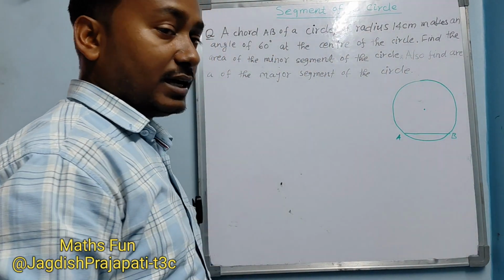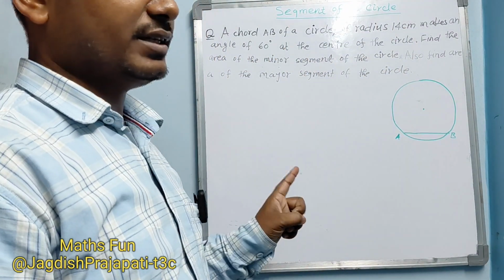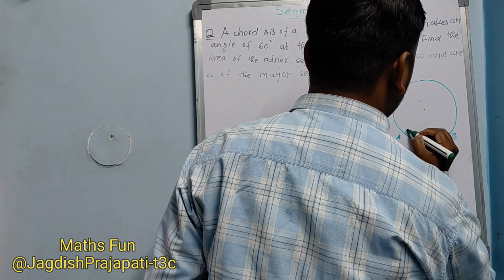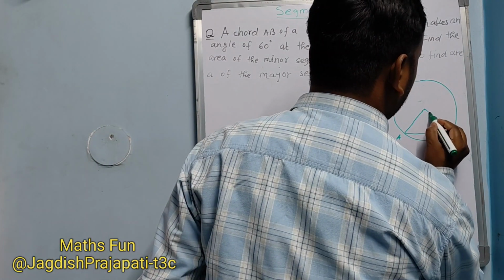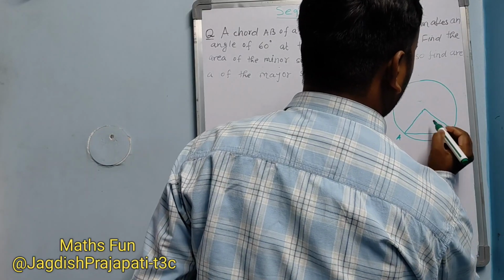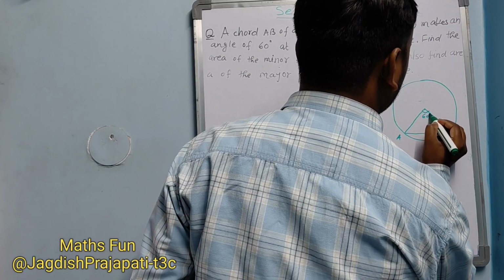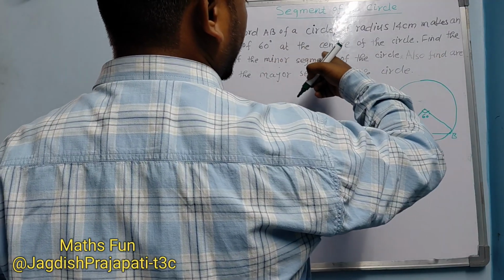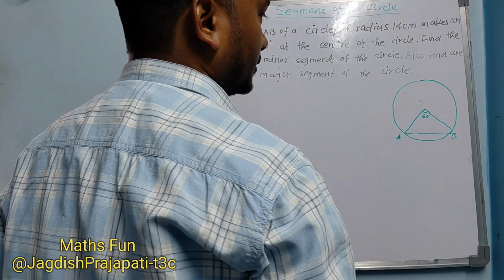A chord is a line segment joining any two points on the circumference of the circle. So AB is a chord. This chord AB forms an angle of 60 degree at the center of the circle.